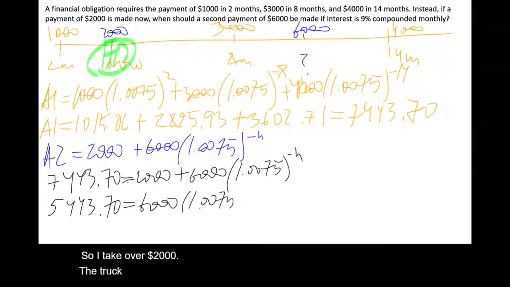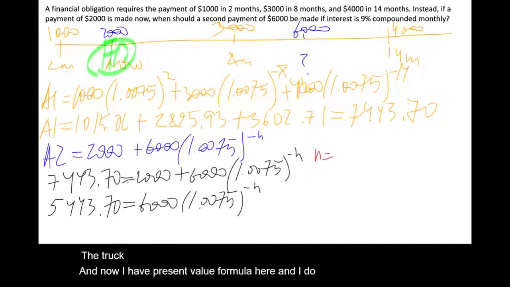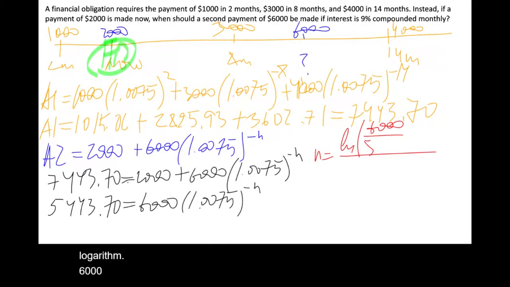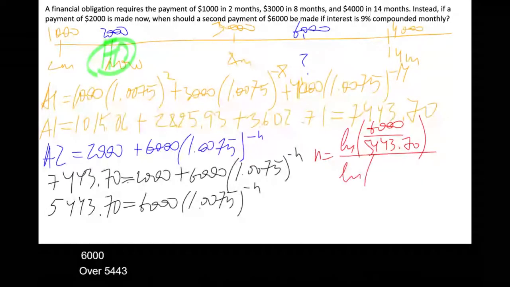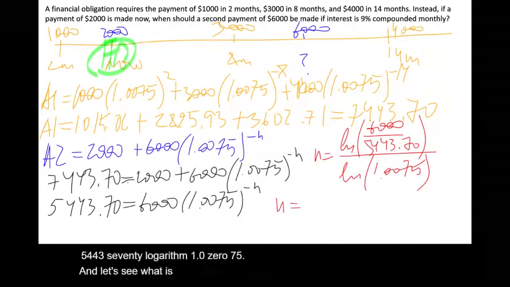And now I have the present value formula here, and I do this, n equals logarithm of 6,000 over 5,443.70, divided by logarithm 1.0075. So n is, let's see, what is it? And it will be months, right? Number of months.